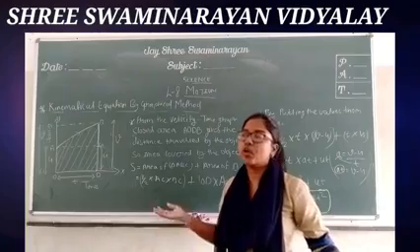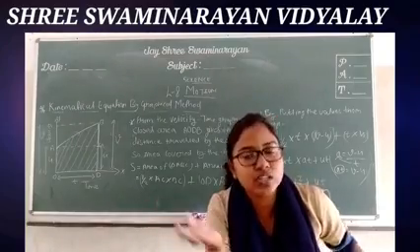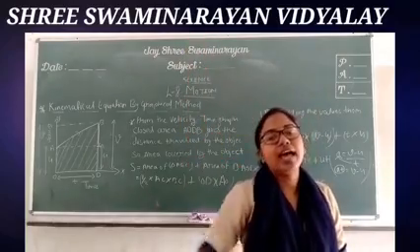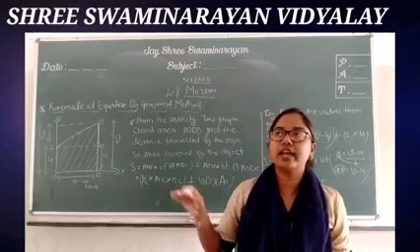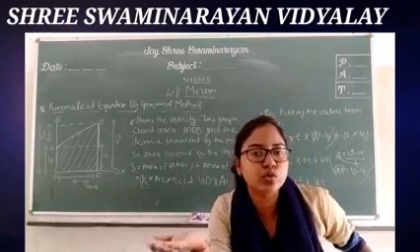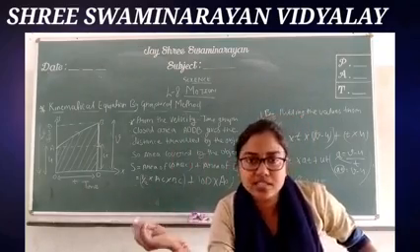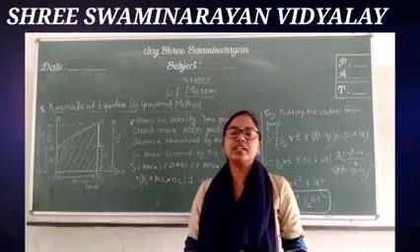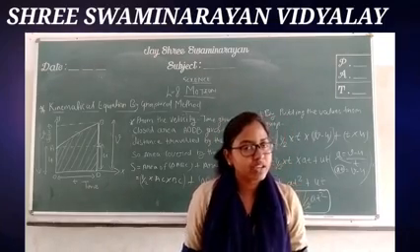Then we studied uniformly accelerated motion, in that also we get a straight line. And then at last we studied non-uniform accelerated motion, in which you get a zigzag kind of graph, students. So those were the representations of motion by the graphical method.